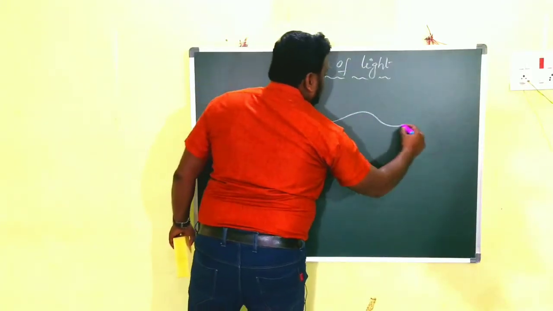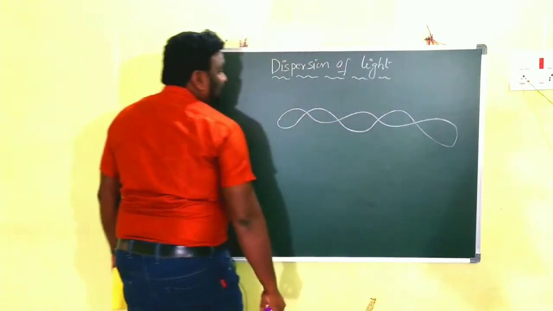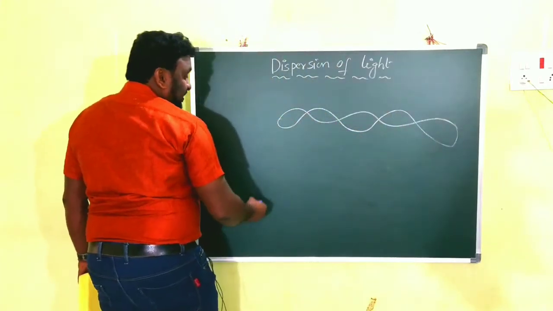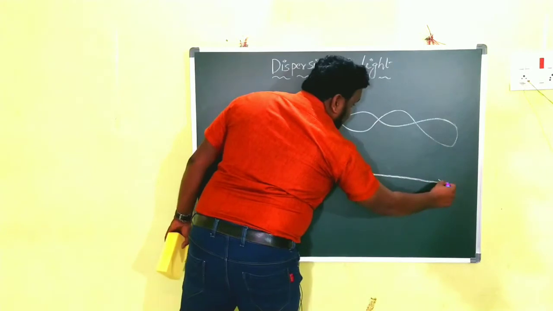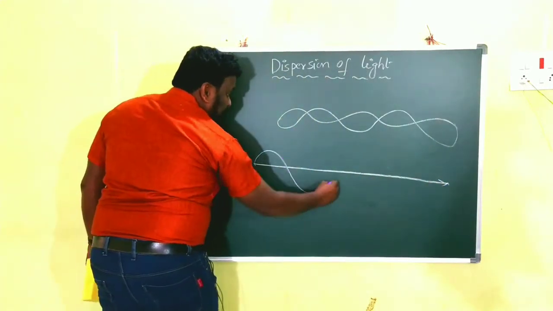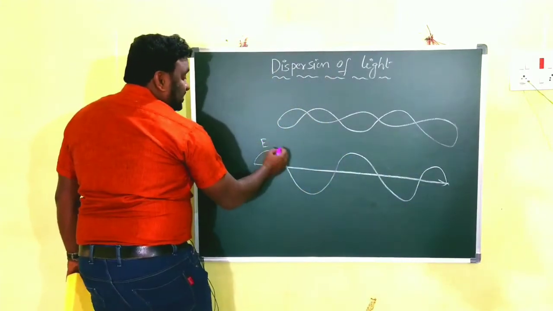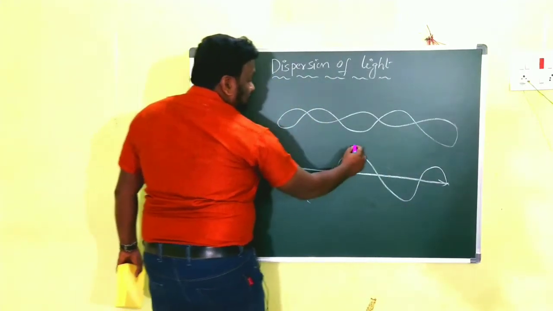To understand that, I am showing now the electromagnetic wave. This is the direction of propagation of light. This is the electric field vector.